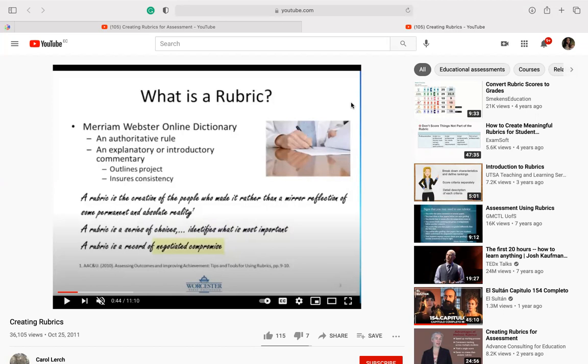So eso yendo un poco más allá, no, of the count. Yeah, as you can see here in the slide, no, the rubric, I want you to read this section here. It says the rubric is the creation of the people who made it. No, so it's not something that just came out of nowhere, and that is the ultimate reality, right? Or is the absolute reality.